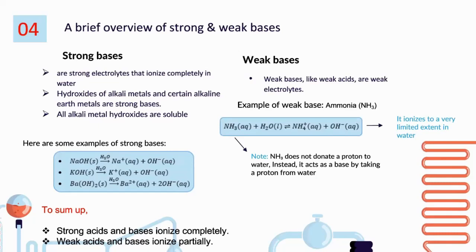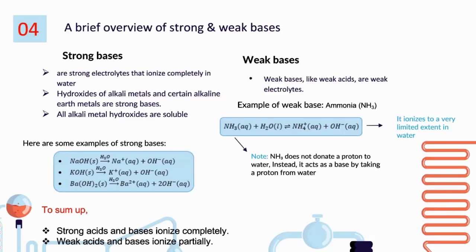Hydroxides of alkali metals and certain alkaline earth metals are strong bases, and all alkali metal hydroxides are soluble. And here are some examples of strong bases. Take note, these metal hydroxides are not Bronsted bases because they cannot accept a proton. However, the hydroxide formed when they ionize is a Bronsted base because it can accept a proton.